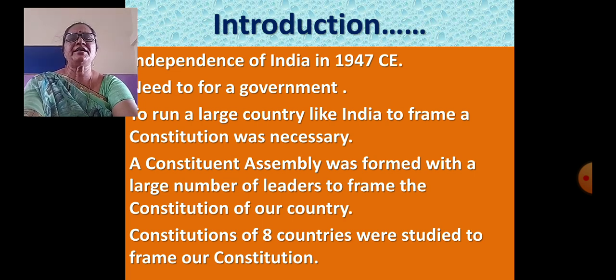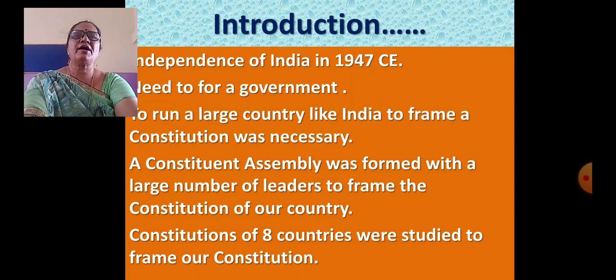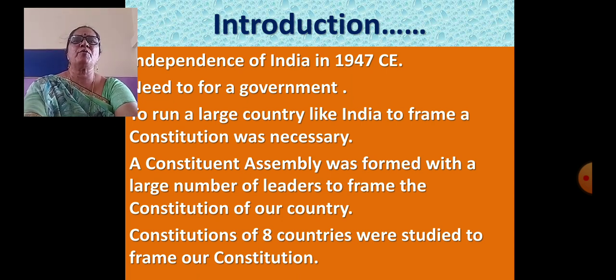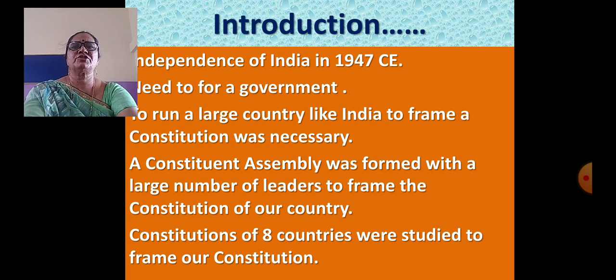And so, an interim government was formed in the year 1947. Now, to run a large country like India, it was very important to frame a constitution where the rules, regulations, amendments, acts would be given to run such a big country.